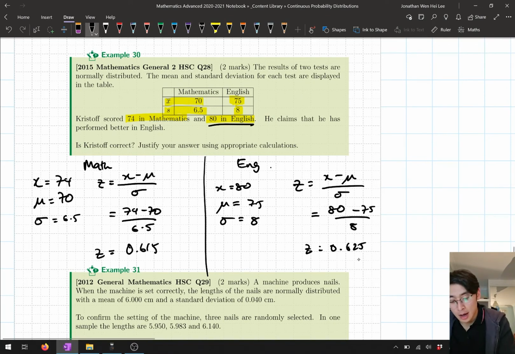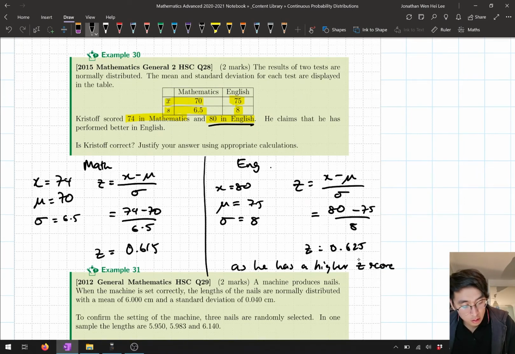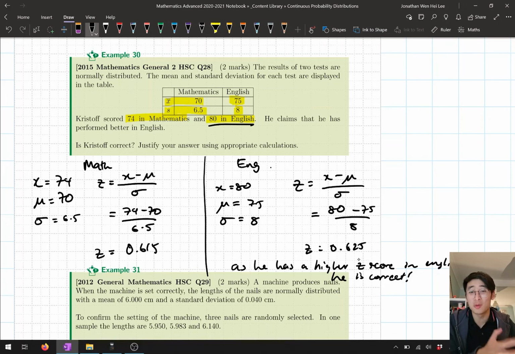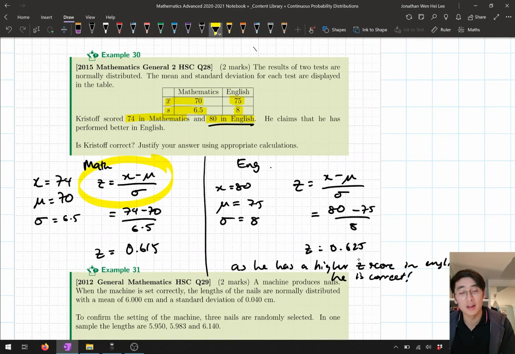So here, as he has a higher Z-score in English, he is correct. Okay, and that's how we answer these questions. So here we actually need to apply this, converting our regular normal distribution to a standard normal distribution with z-scores. And the way that we did this was we applied this formula here. Our z-score is equal to our score minus the mean divided by our standard deviation.